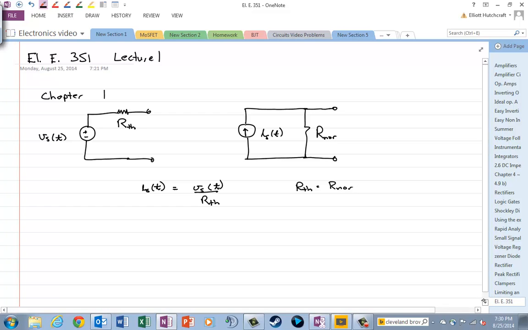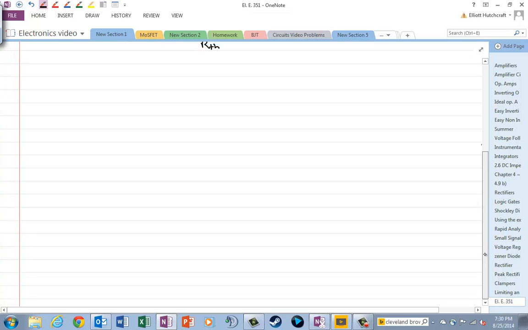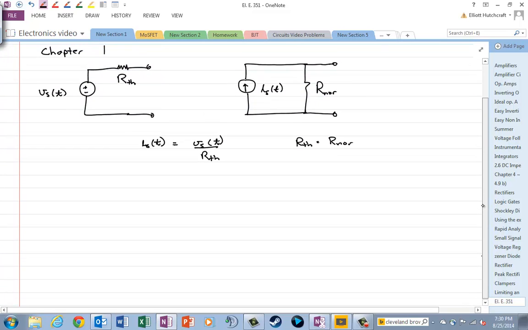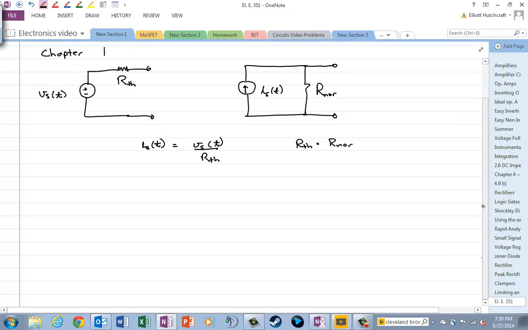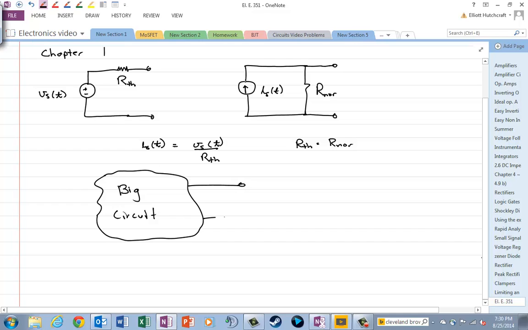One of the important topics in relation to this is, remember, you can have some big circuit, and I can tie this big circuit, which might have terminals A and B, just like either one of those two do.